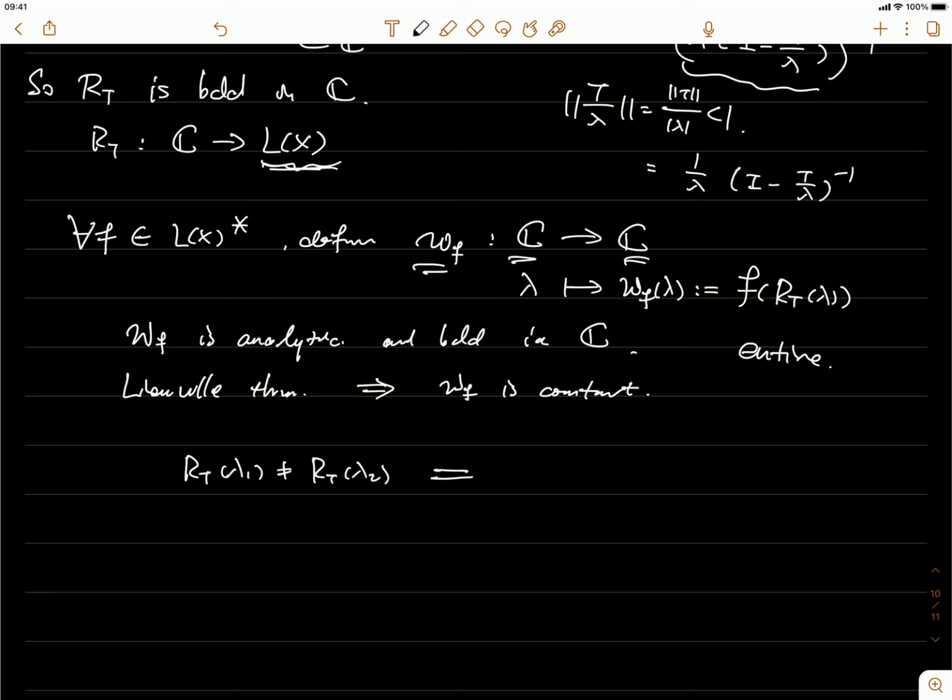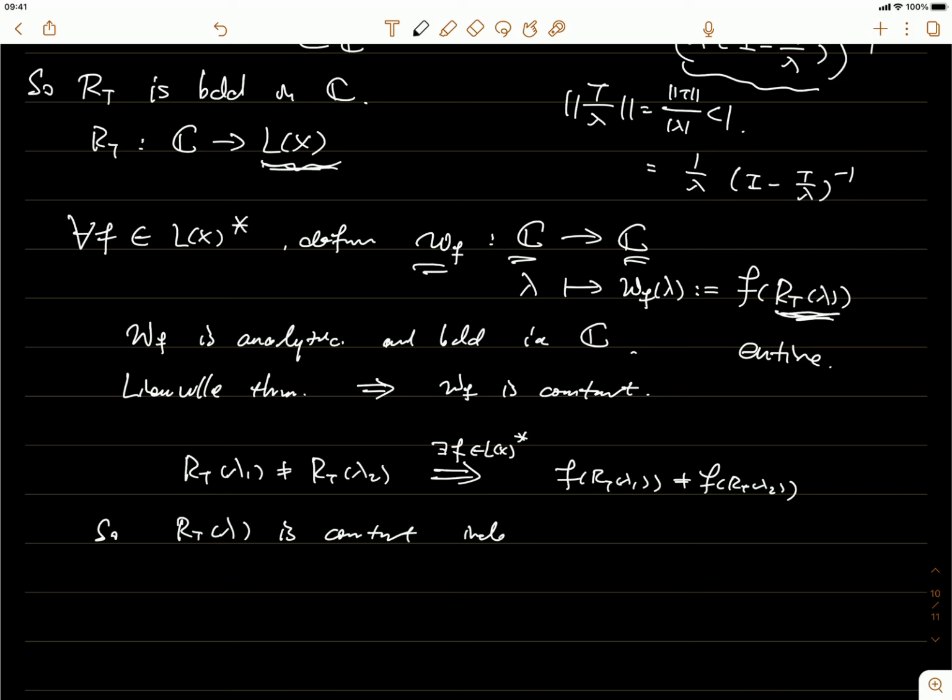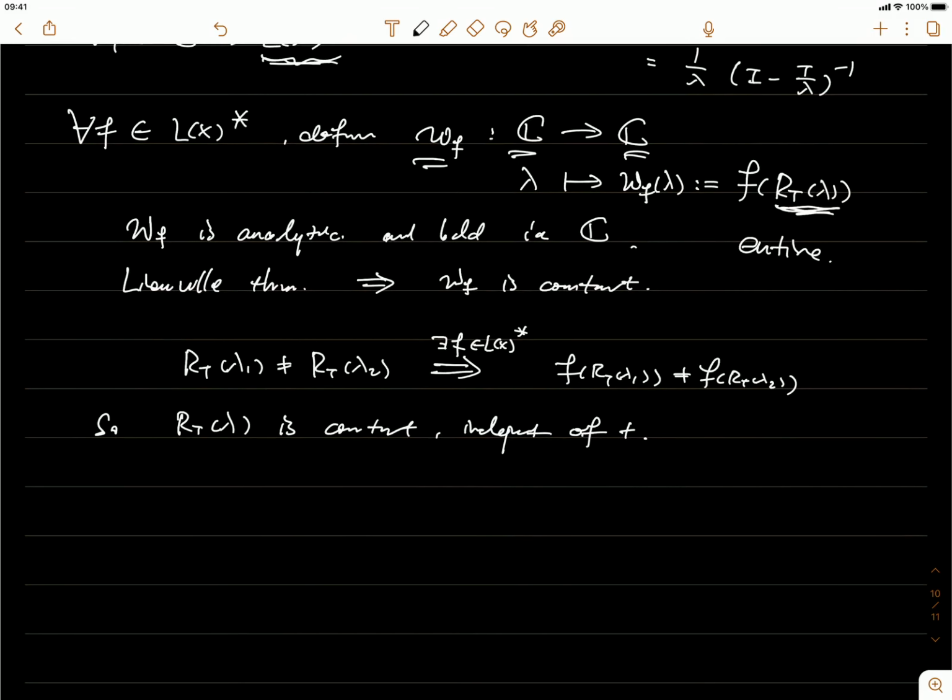So there exists some f in Lx star such that f of RT lambda 1 is different from f of RT lambda 2. That means Wf is not a constant, since it takes different values at two different points, lambda 1 and lambda 2. That is a contradiction. So all these are the same. That means RT of lambda is constant and independent of lambda.